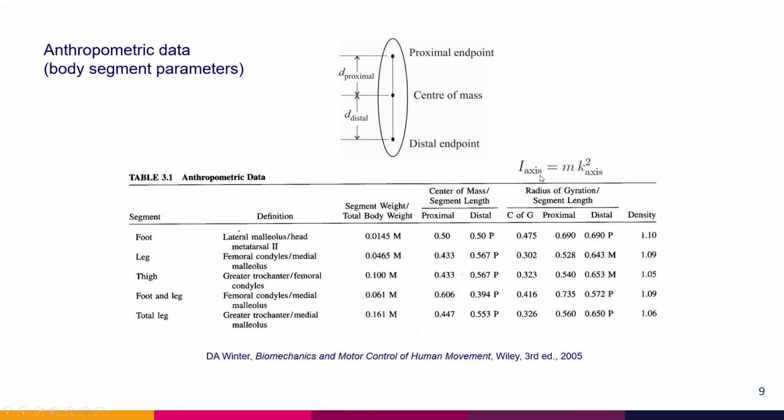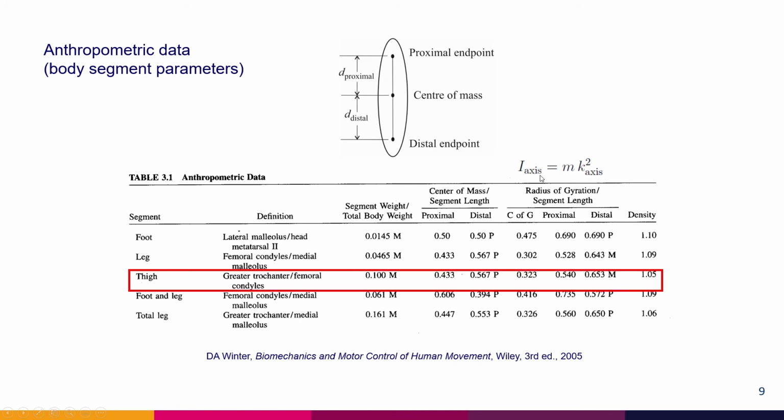So as an example, let's look at the thigh segment. So it's defined as being from near the hip joint to down near the knee joint. Its weight is 10% of body weight. Its center of mass is 43% from the top end.